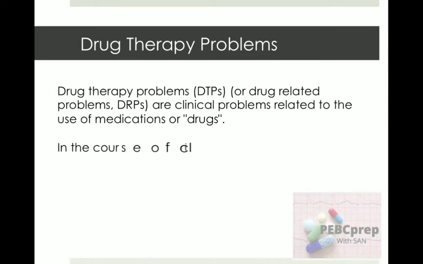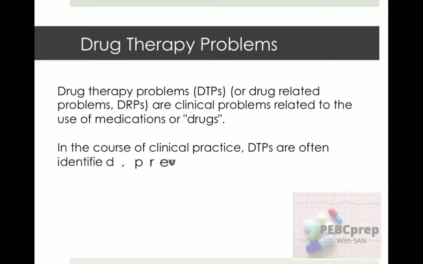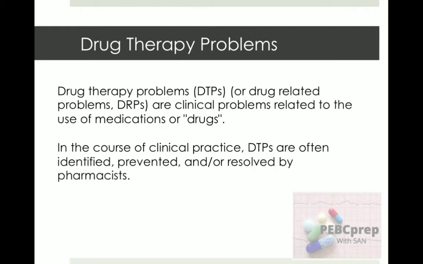In the course of clinical practice, DTPs are often identified, prevented, and resolved by pharmacists because pharmacists are experts of medications, so they have a major role in resolving drug therapy problems.